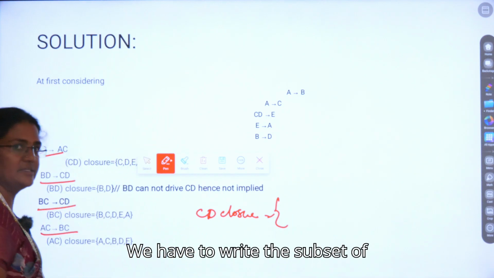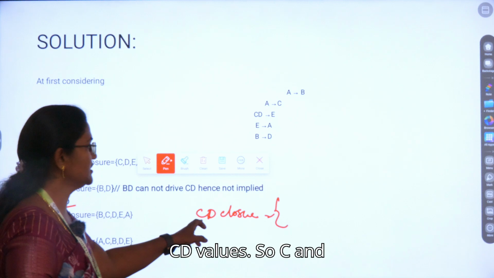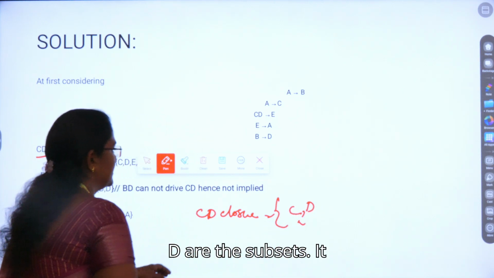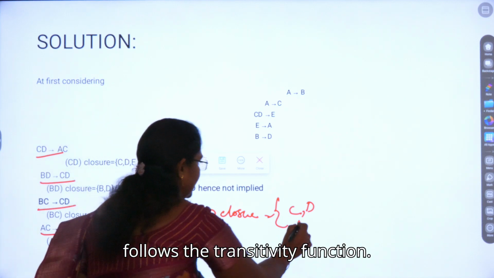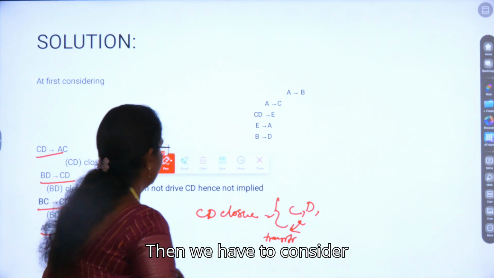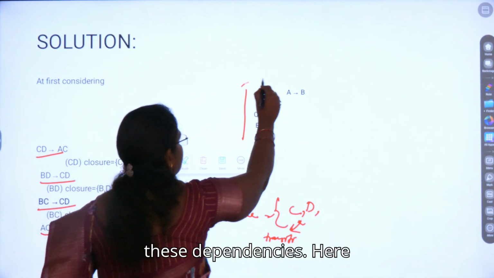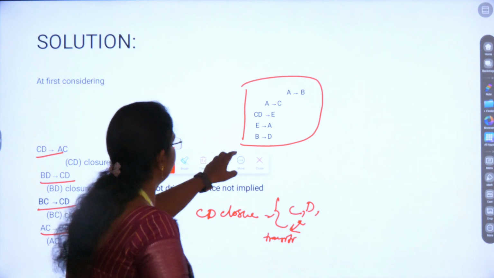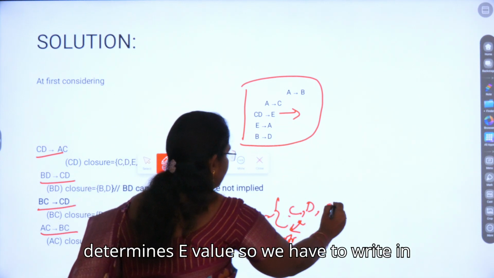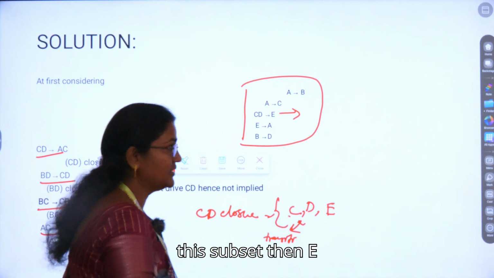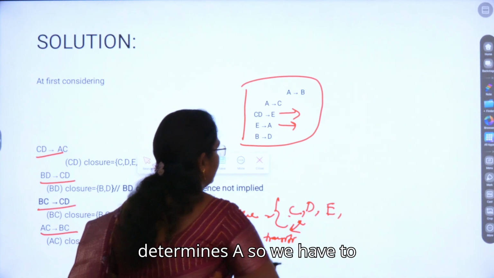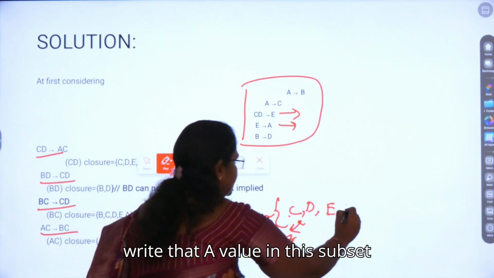We have to write the subset of CD value. So C and D are in the subset. It follows transitivity. Then we have to consider these dependencies. Here CD determines E, so we write E in the subset. Then E determines A, so we write A in the subset.